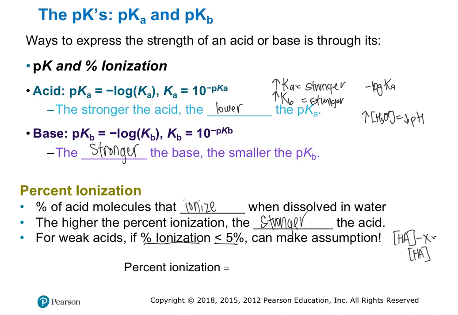The percent ionization equation is my hydronium that dissociated, at equilibrium, over my initial acid concentration, times 100. If it's less than 5, I can make that assumption. If it's greater than 5, then I have to use the quadratic formula.